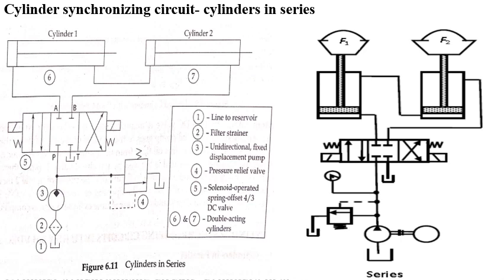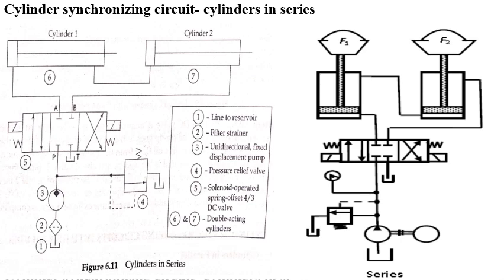Here, part one is the line to reservoir, two is the filter or strainer, three is the pump, that is a unidirectional fixed displacement pump. Part number 4 is the pressure relief valve.